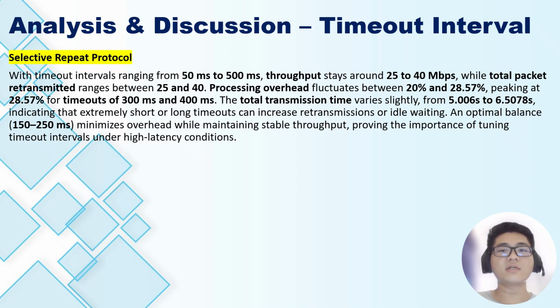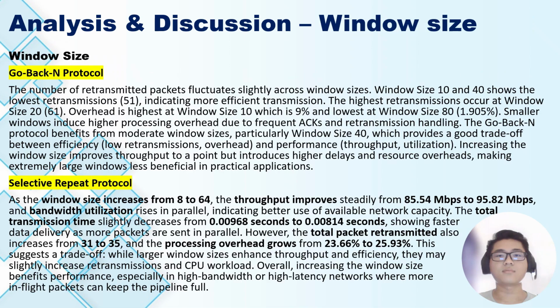Processing overhead fluctuates between 20% and 28.57%, peaking at 28.57% for timeouts of 300 ms and 400 ms. The total transmission time varies slightly, from 5.006 seconds to 6.5078 seconds, indicating that an extremely short or long timeout can increase retransmissions or idle waiting. An optimal balance minimizes overhead while maintaining stable throughput, showing the importance of tuning timeout intervals under high latency conditions.